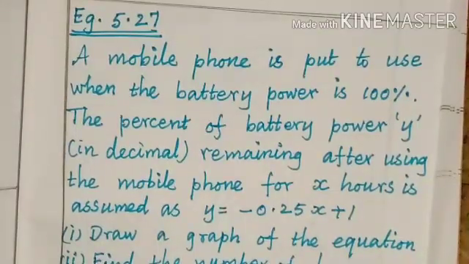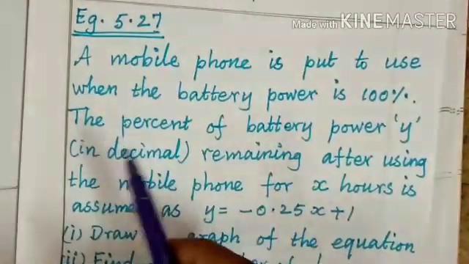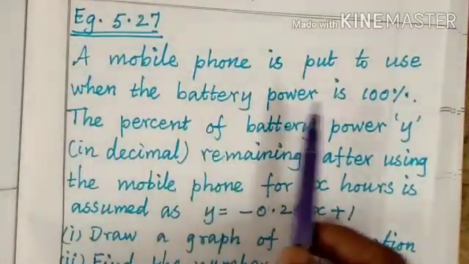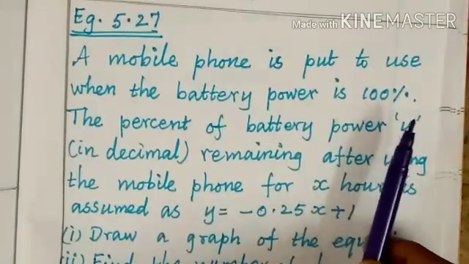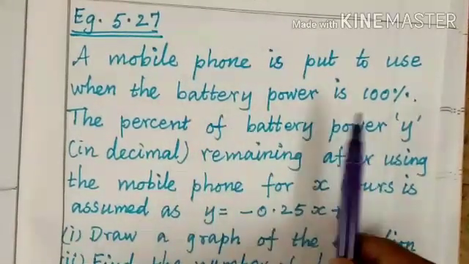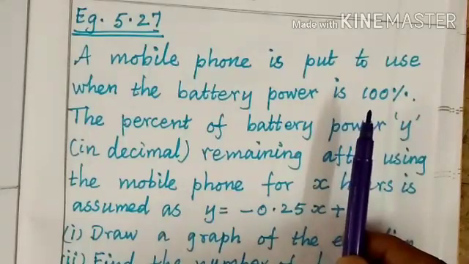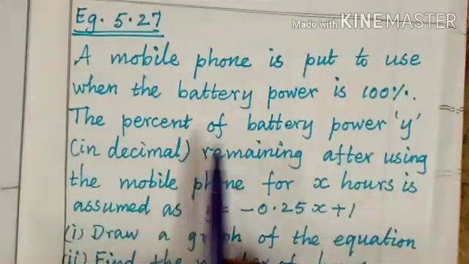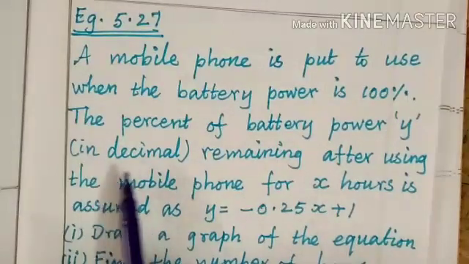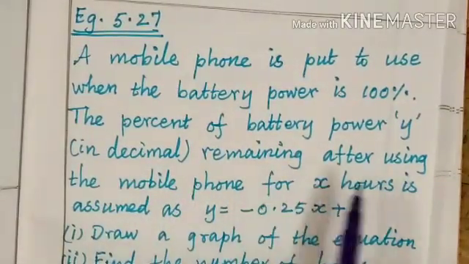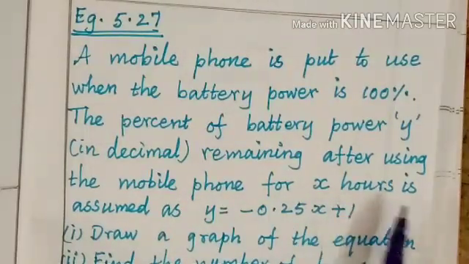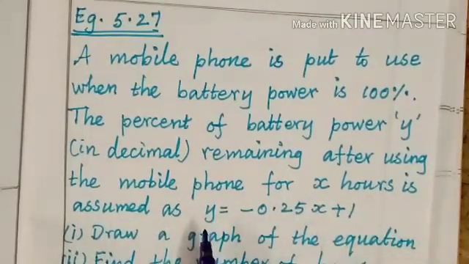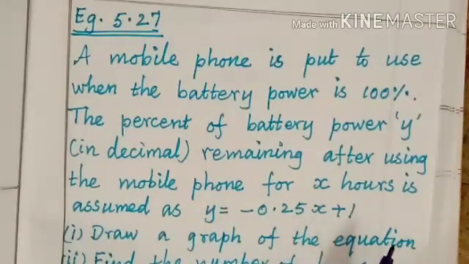Let us see example 5.27. See the question. A mobile phone is put to use when the battery power is 100%. It means the mobile phone has full charge. The percent of battery power y in decimal remaining after using the mobile phone for x hours is assumed as y is equal to minus 0.25x plus 1.